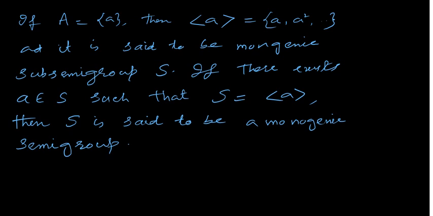So we have our S equal to A, A square, A cube, and so on and so forth. So there may be repetition or there may not be repetition. Two cases may arise. If there is no repetition, then S is infinite.